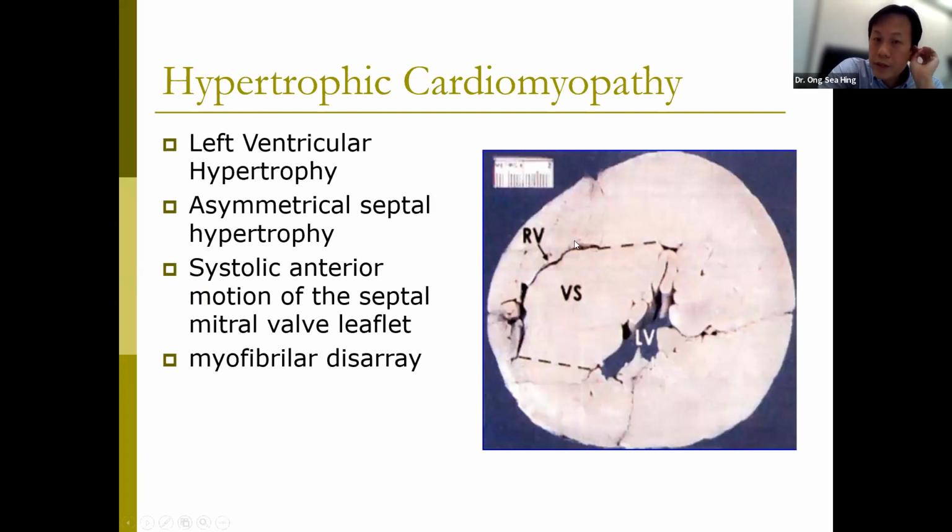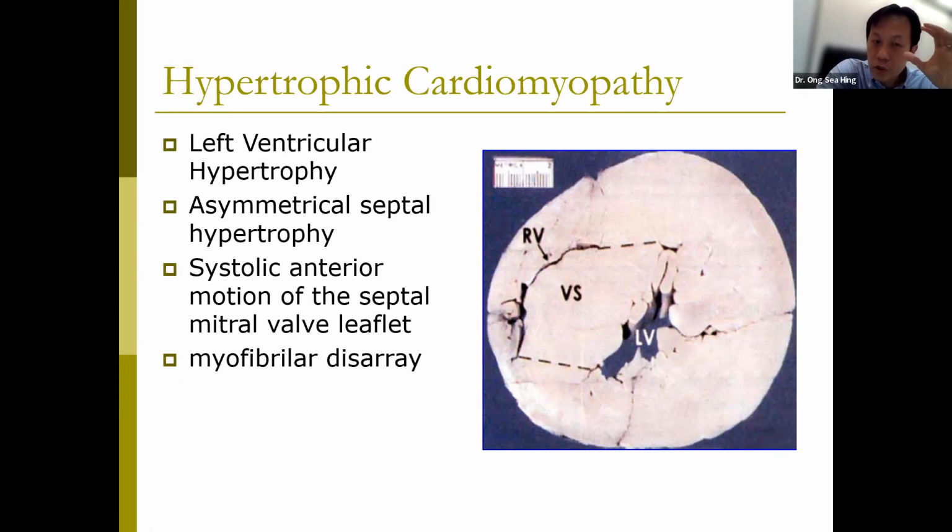So basically, there is left ventricular hypertrophy. There is usually asymmetry whereby the septum is more hypertrophic than the posterior wall of the left ventricle. And because the septum is more hypertrophic, when the ventricle contracts, it pulls the anterior mitral leaflet, and therefore there is systolic anterior motion of the septal mitral valve leaflet, and sometimes this causes mitral regurgitation.